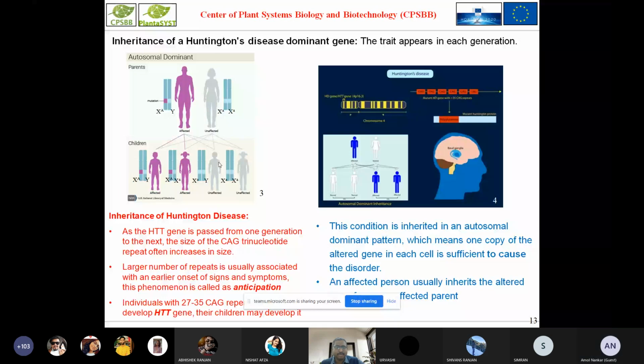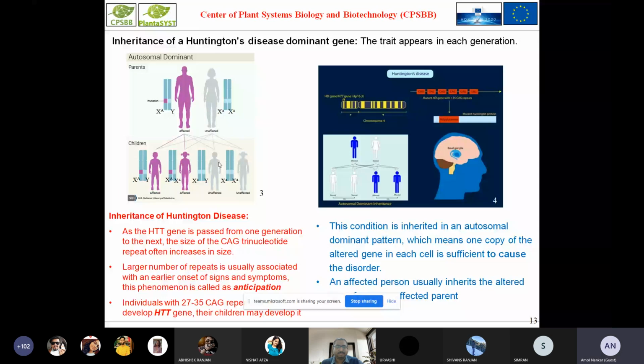Yet in this boy, the Y chromosome is coming. So from the male, the Y chromosome is coming, and from the female, the X chromosome, and the X chromosome is not affected. So this child will not be affected.